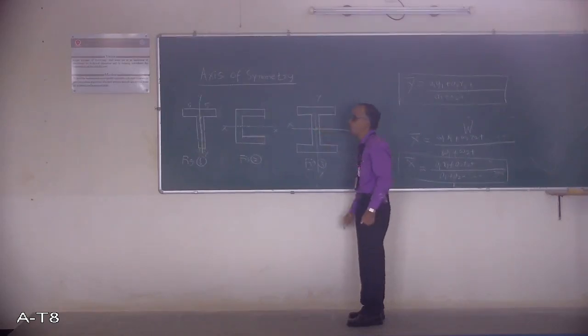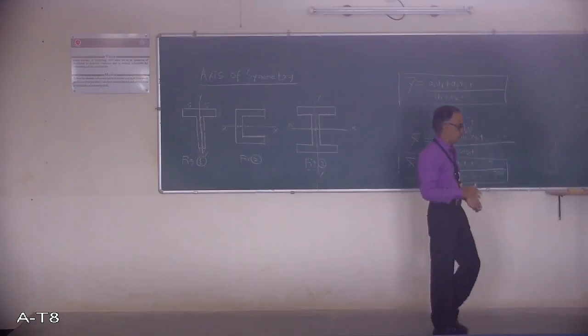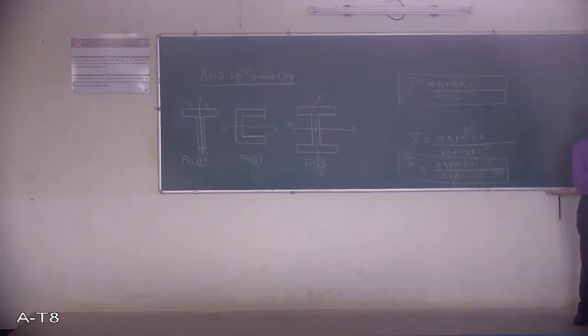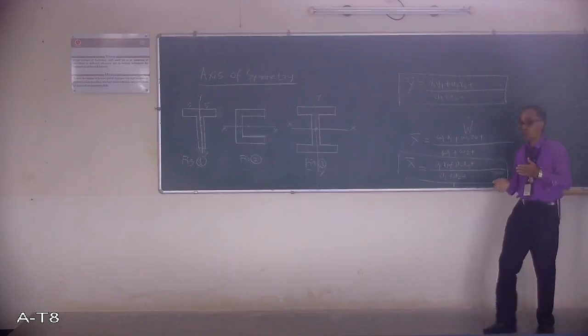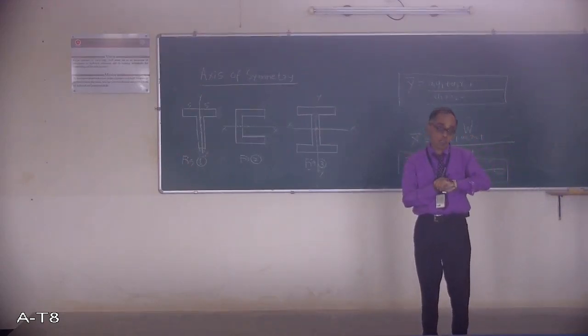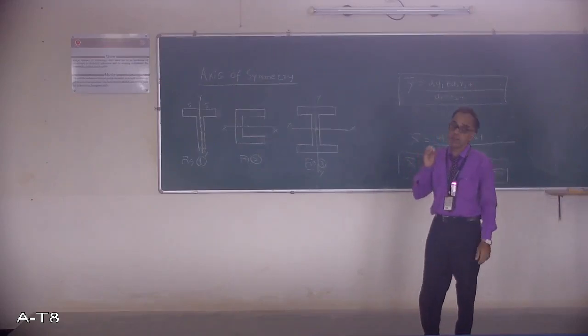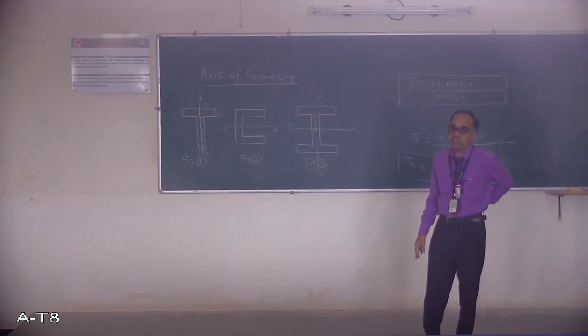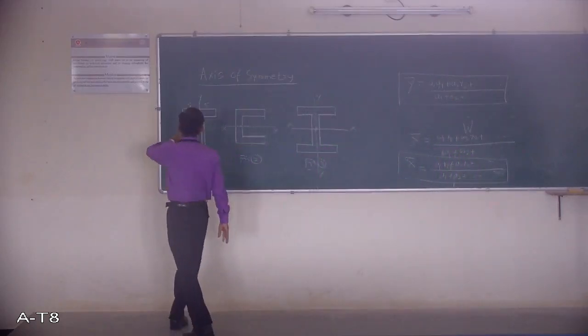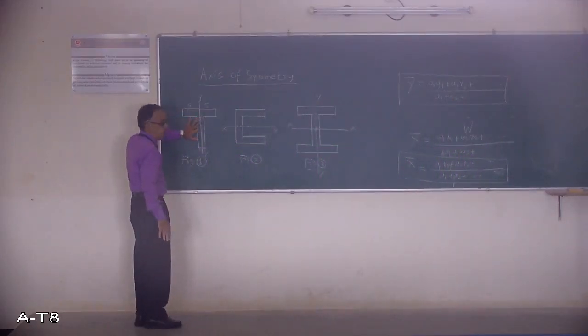Now, when I come to the further problems, what you must remember is the centroid. First of all, you must detect whether the given figure is symmetrical about the y-axis, or the x-axis, or both axes. If it is symmetrical about the y-axis, so this is the y-axis here, the centroid is going to lie on this axis.